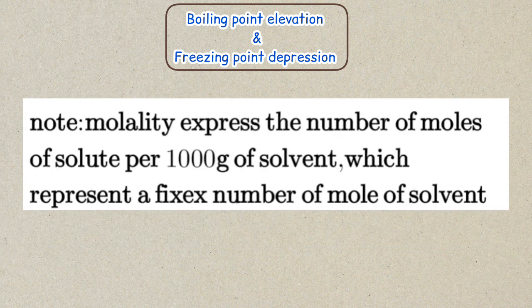Now you have to note something here, that molality expresses the number of moles of solute per 1000 gram. Do not forget that this is also in our previous video. For those who are just new, you can check out our previous video under colligative properties. They are all there. It represents the moles of solute per 1000 gram of solvent, which represents a fixed number of moles of that particular solvent.